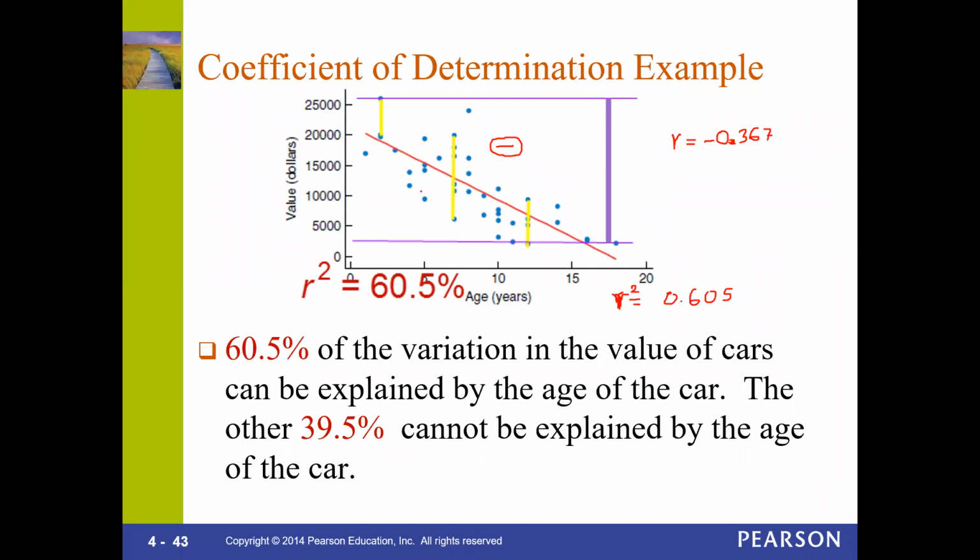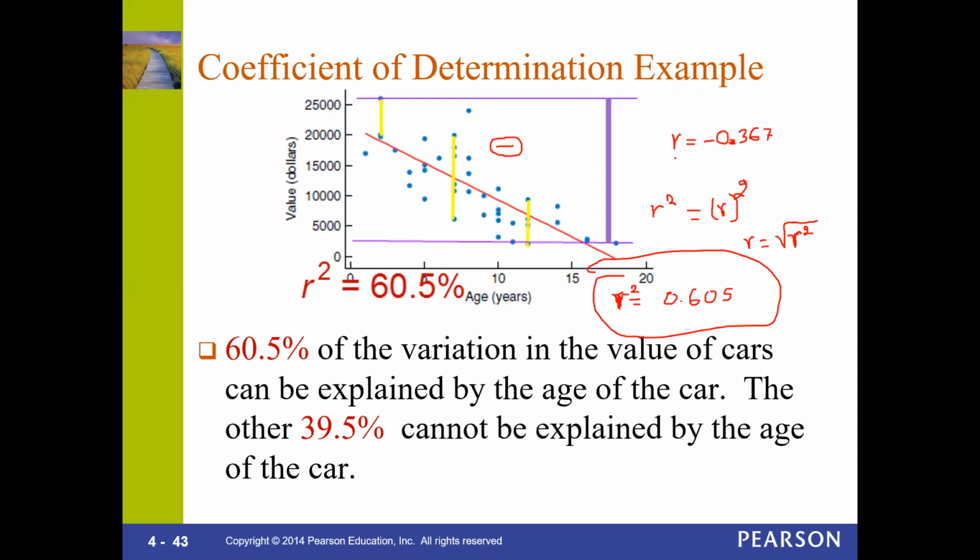If I give you R squared and ask you to find R, you take the square root of R squared. But in our case, the R will be negative. This is logical because based on the graph I'm looking at right now, the graph goes the other way around.